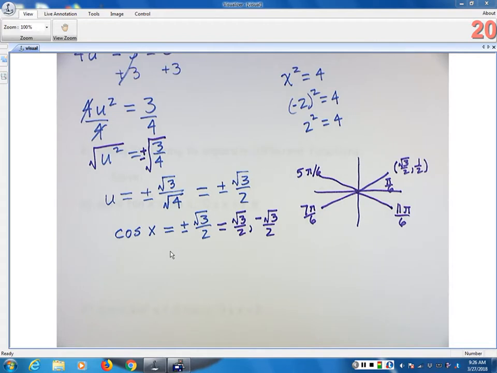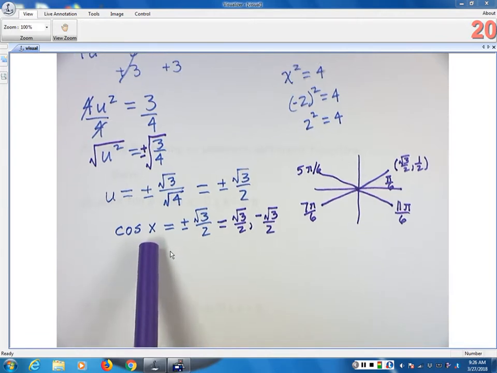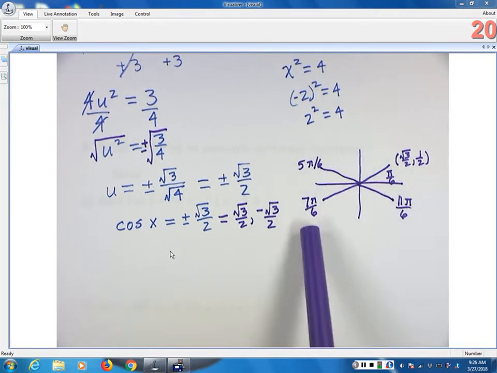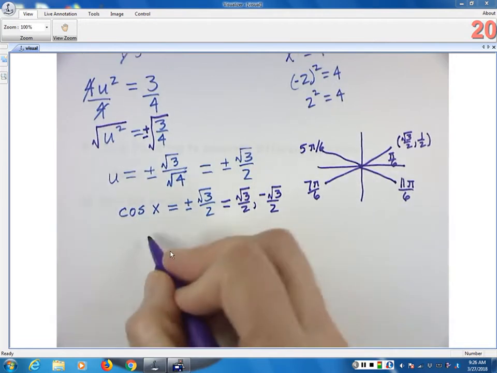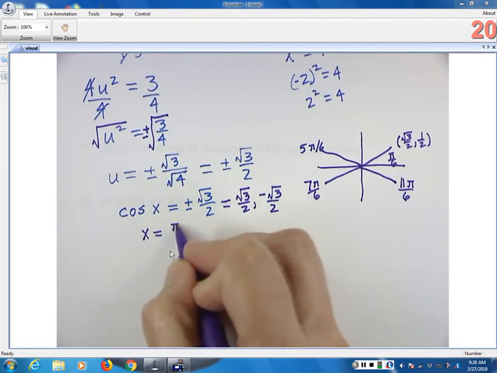And it's not a double angle, it's just cosine x. So these are our solutions between 0 and 2 pi. So x equals pi over 6.